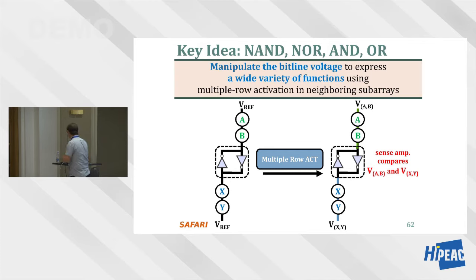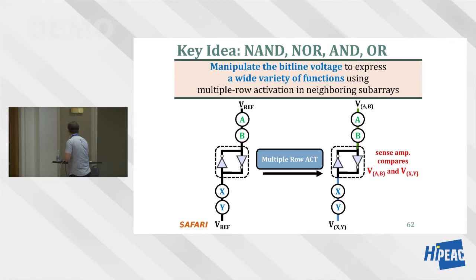I'm showing you 1 bit per row, but let's take a look at the 2 case. So this is the subarray X at top. This is subarray Y at the bottom. Well, Y is not a good thing, but the second subarray, let's say. Now if you do multiple row activation, what happens is you activate these concurrently and you activate these concurrently.